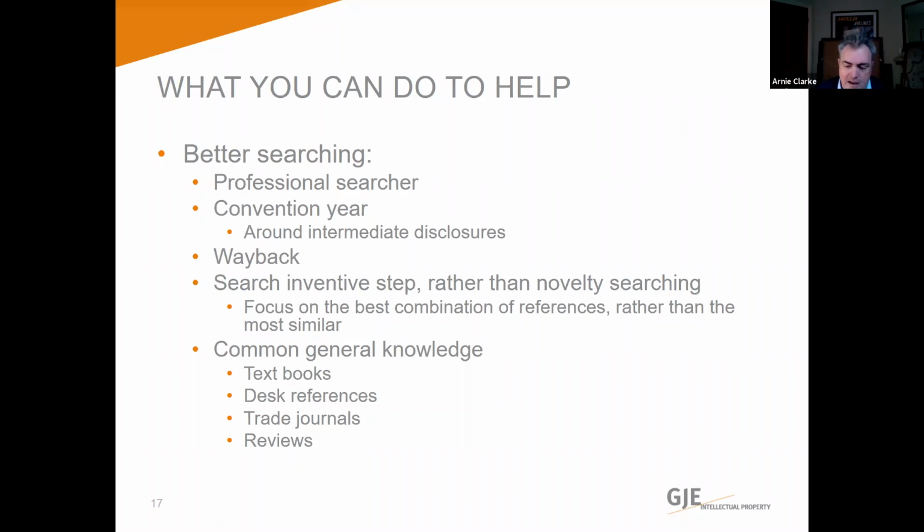They're brilliant at finding patent documents and often journal references, not so good at identifying textbooks, desk references, trade journals, reviews, those sorts of things that establish common general knowledge. That can frame your inventive step arguments a lot better. So I always try to look to those to support my case wherever I can, and searching of those is crucial.